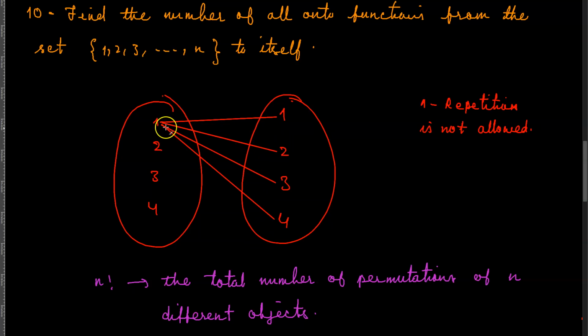Meaning that in this particular example, we said that when you take 1, you cannot take it anymore. Once you have chosen 1, then you can choose either 2 or 3 or 4. Once you choose 1 and 2, then you cannot take those anymore, and then you can choose either 3 or 4, and so on and so forth, right?